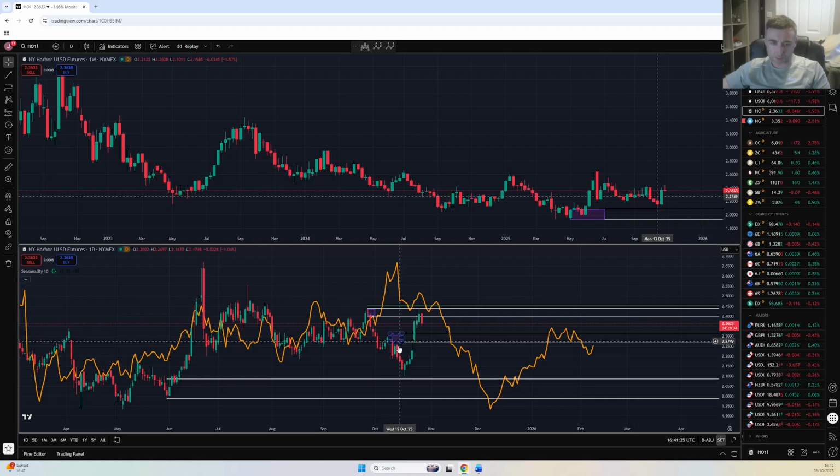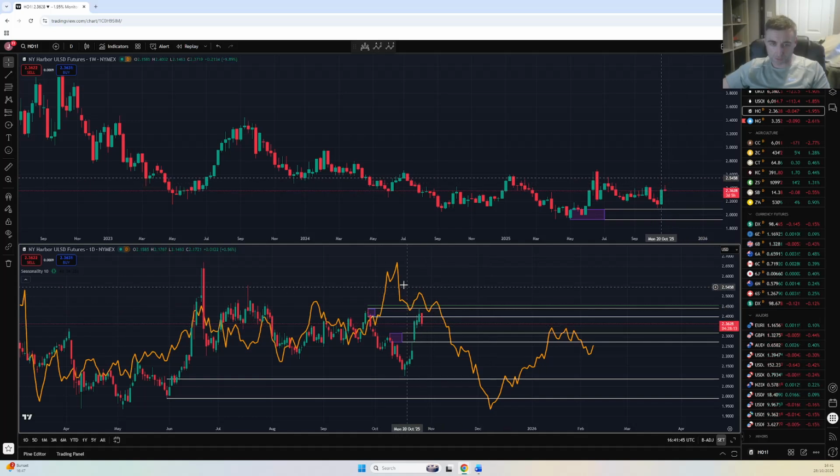Now we did get a little bit of a move downwards here. The seasonality also predicts a little move upwards, which we have, and then from any point now it's predicting a downturn, and it estimates that will end up roughly around the 8th of December. So that's what I'm banking on.